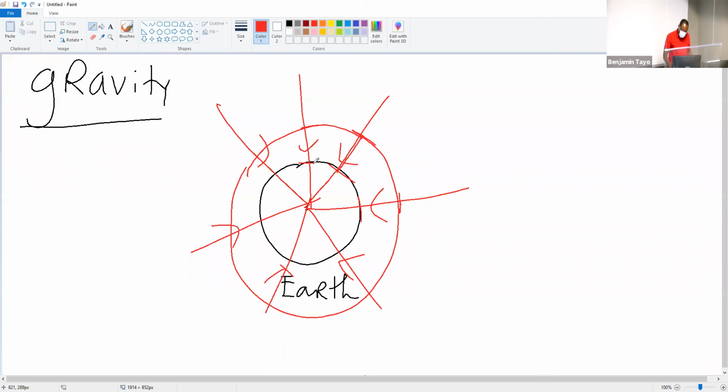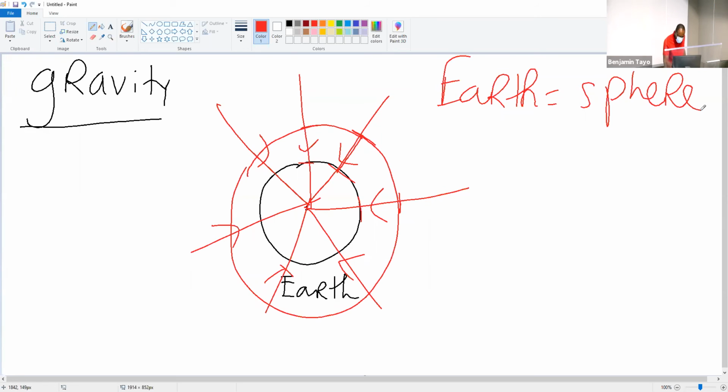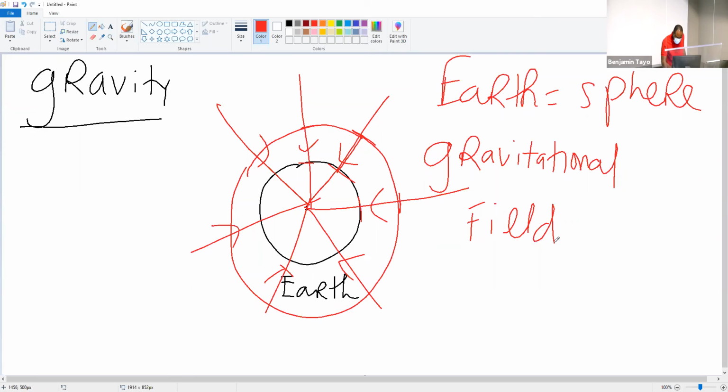Now, something that is very useful here is that the Earth, so the first thing is that the Earth is a sphere, and then the force, the gravitational field, is going to go as 1 over distance squared as well.